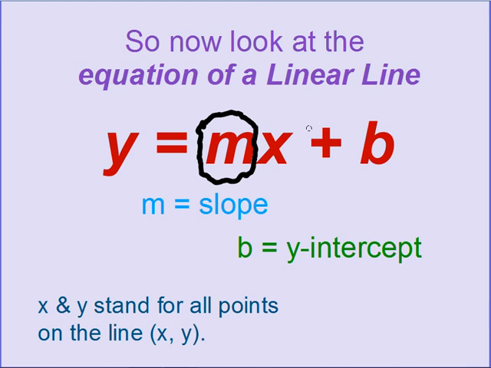And now we have b. We're going to include the sign in front of the b as our y-intercept. This is the amount of our translation, remember. The x and the y in this equation just stand for all the points on the line. Every point has an x and a y, so these x's and y's can be all kinds of different values.